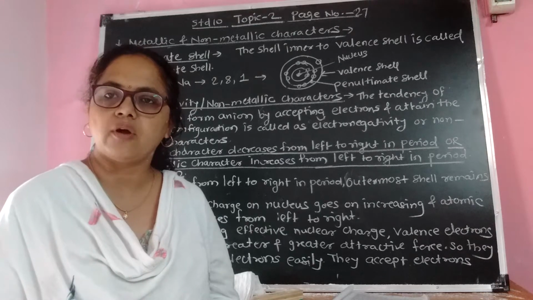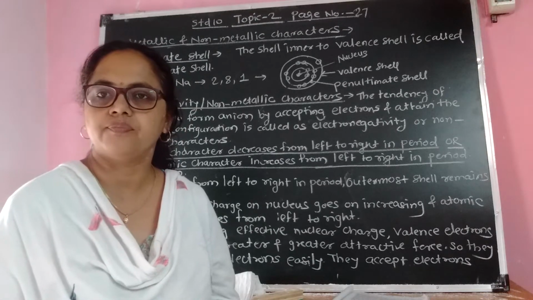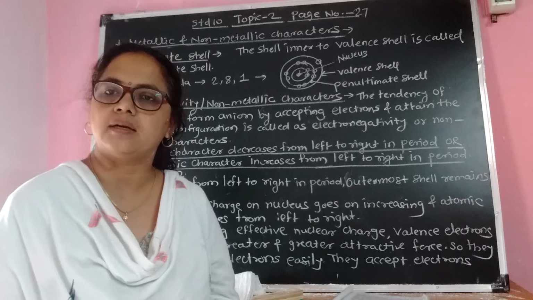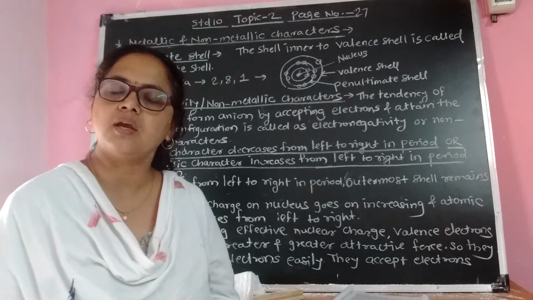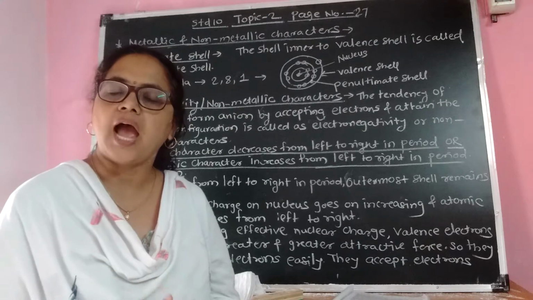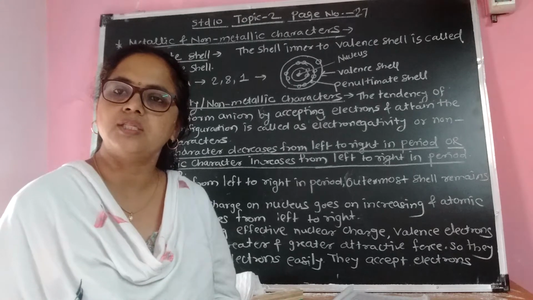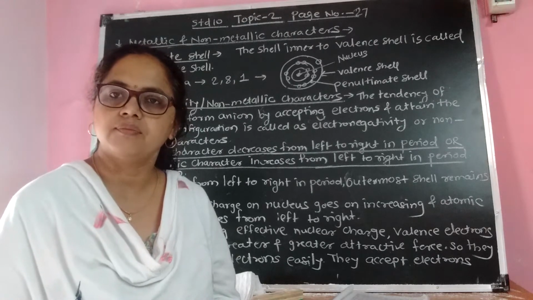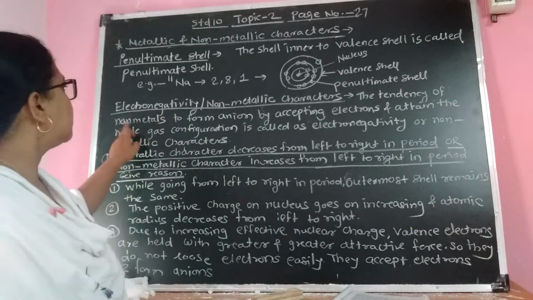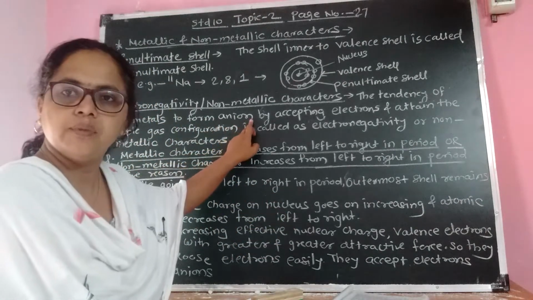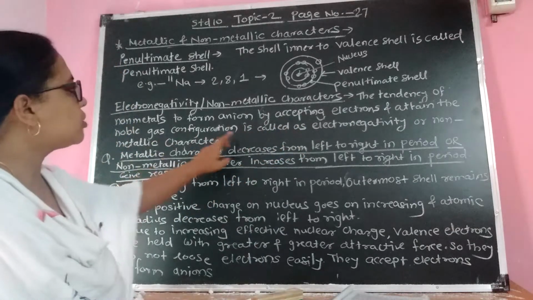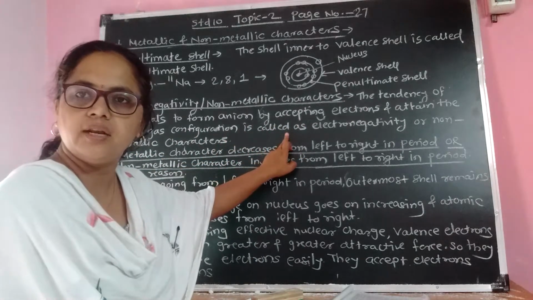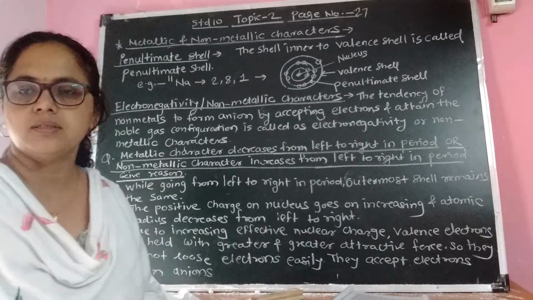This tendency of non-metals is called electronegativity or non-metallic character. That is, metals have a tendency of electropositivity and non-metals have a tendency of electronegativity. The tendency of non-metals to form an ion by accepting electrons and attain the noble gas configuration is called electronegativity or non-metallic character.